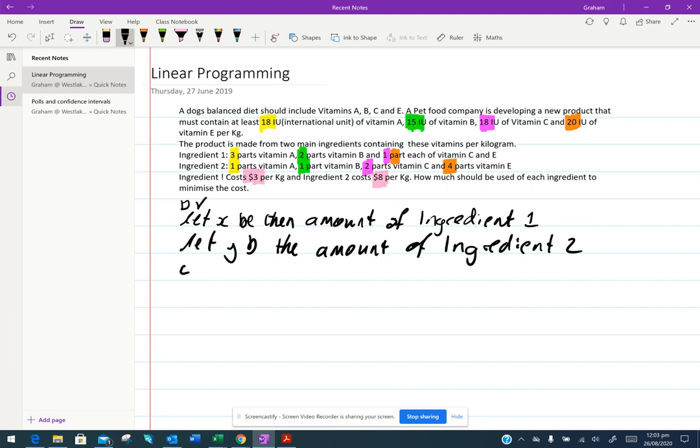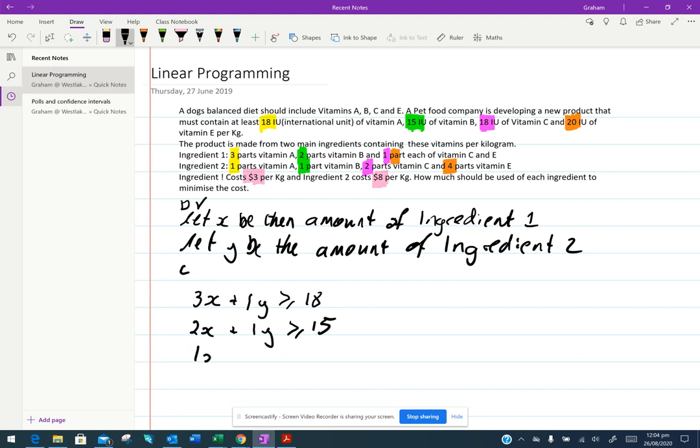Well, ingredient 1 has 3 parts of vitamin A, and ingredient 2 has 1 part of vitamin A, and I need at least, so greater than or equal to, 18 of vitamin A. Then my next one is 2 lots of ingredient 1 plus 1 lot of ingredient 2 must be at least 15.